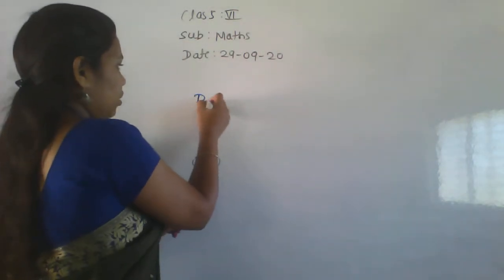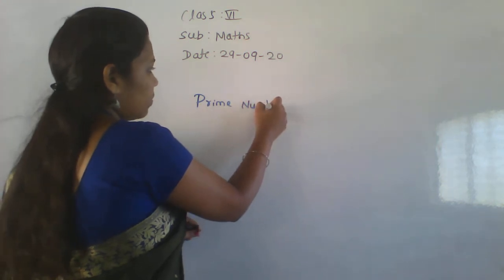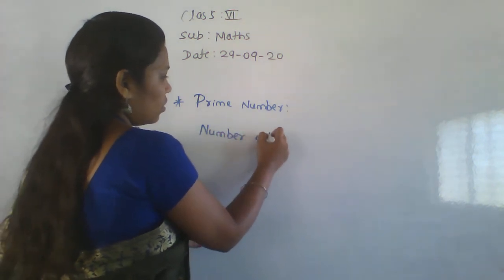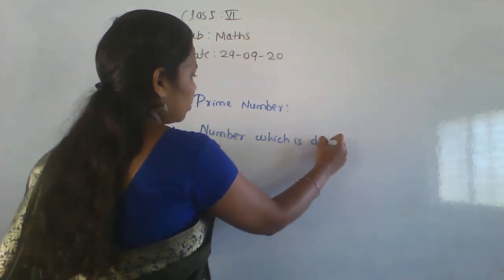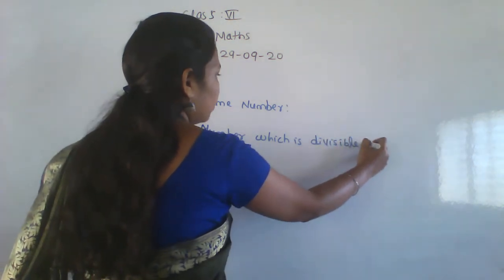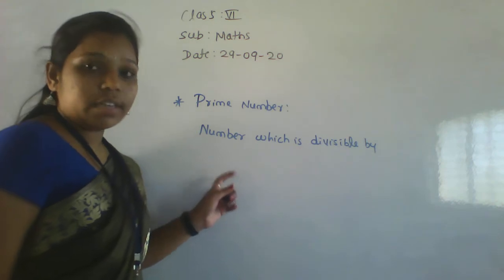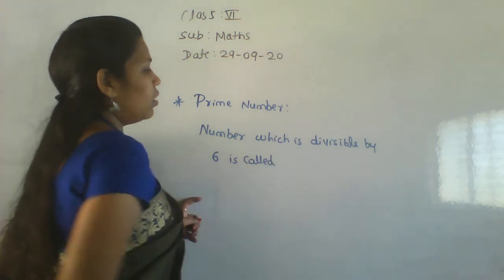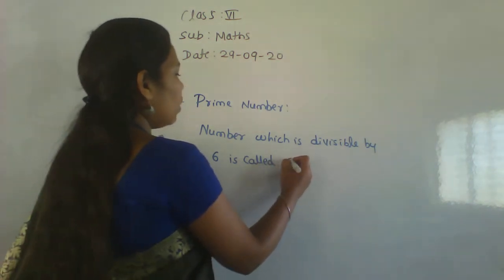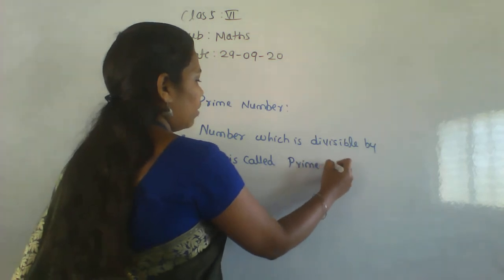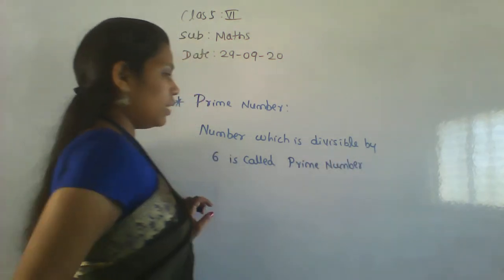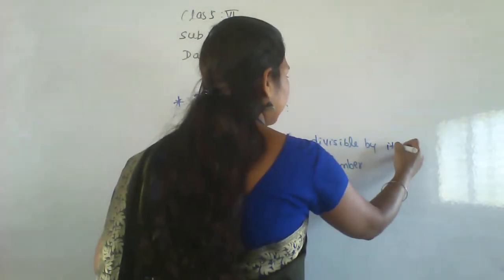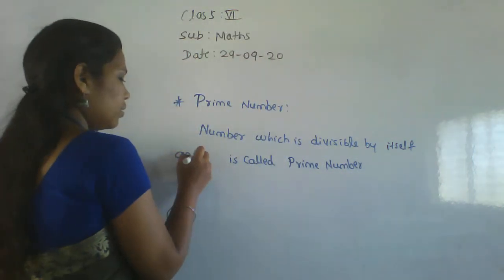Prime number definition: a prime number means the number which is divisible by itself and 1.